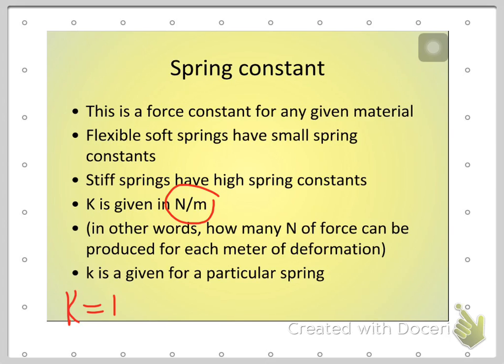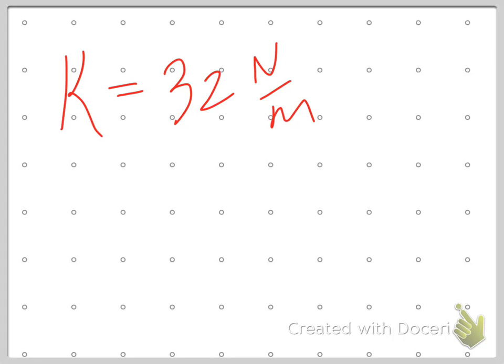Okay, so stiffer springs generate more force. They store more potential energy. The stiffer the spring, the higher the spring constant. So for a k of 32 newtons per meter versus a k of 2 newtons per meter.